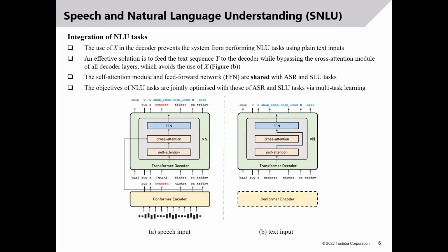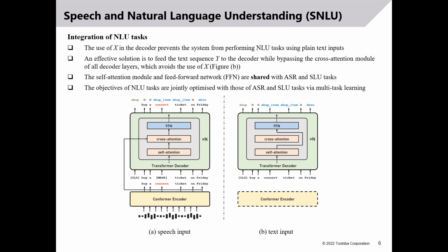Extending from this framework, we aim to integrate NLU functionalities into it. We can notice from the architecture that the use of the encoder state X, which comes from the speech, in the decoder prevents the system from performing NLU tasks that use plain text inputs.